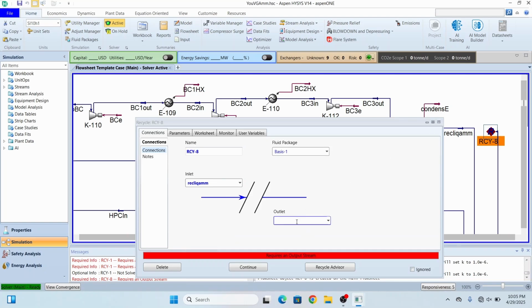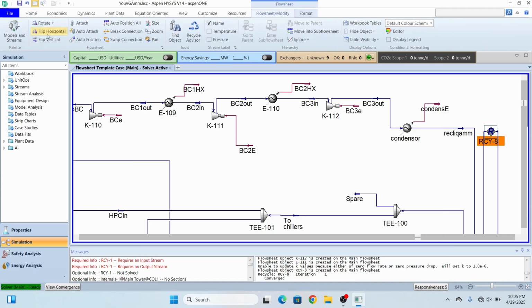The outlet will be recycle to liquid ammonia 1. So this has also been solved.